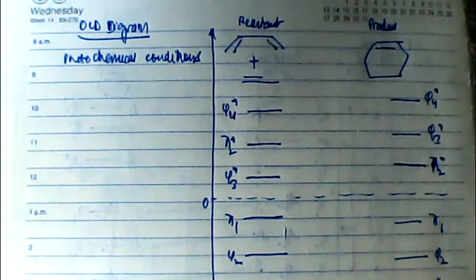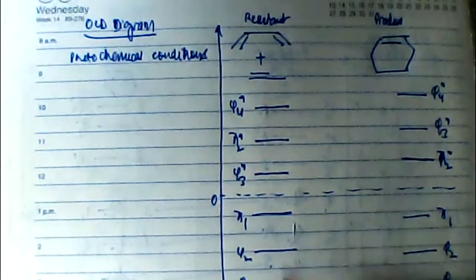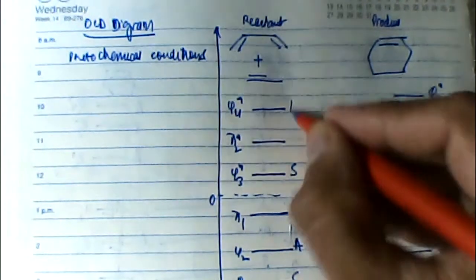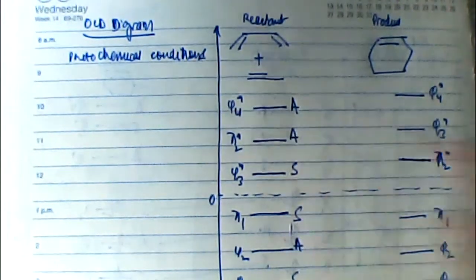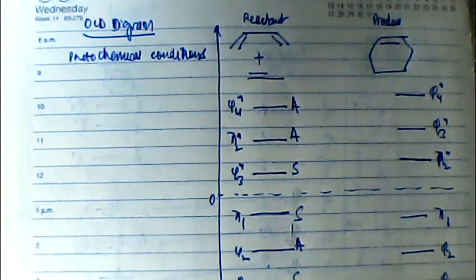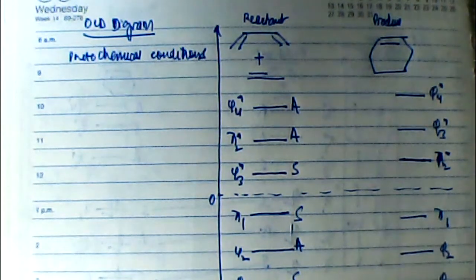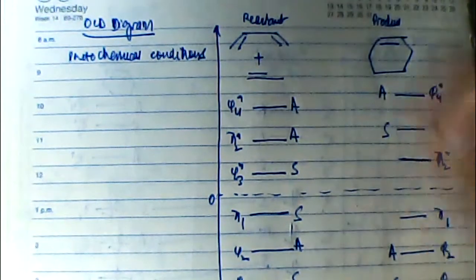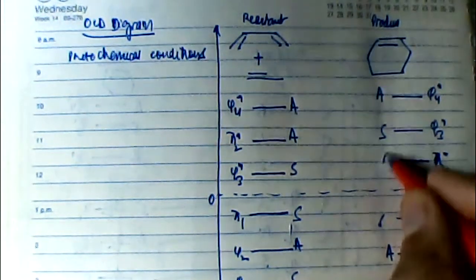The symmetry property would not change. It is similar: if this is symmetric, this is anti-symmetric, this is symmetric, this is anti-symmetric, and so on. I have just reiterated what we did previously. Remember alternating symmetries: if this is symmetric, the next is anti-symmetric.